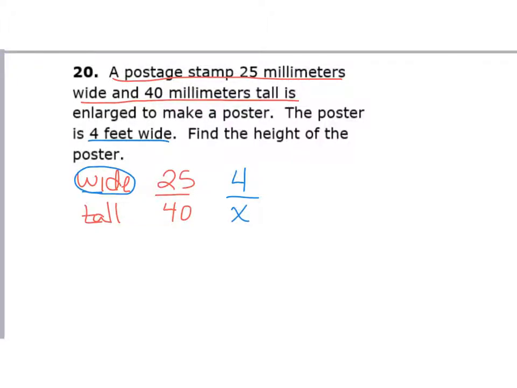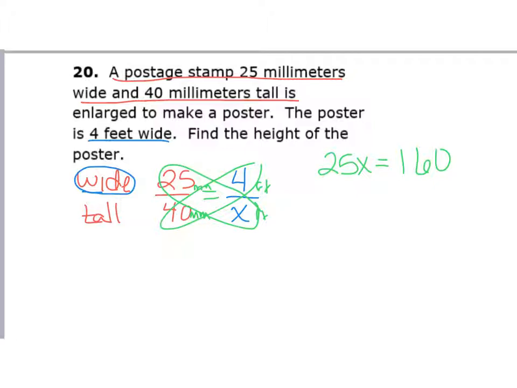Now don't worry about units, because the 25 is millimeters and the 40 is millimeters, and this is feet, that just means I'm going to get the same units top and bottom. So these two are going to be equal to each other, and I will just cross multiply. X times 25 equals 4 times 40.